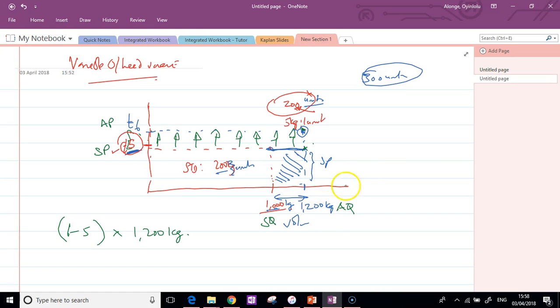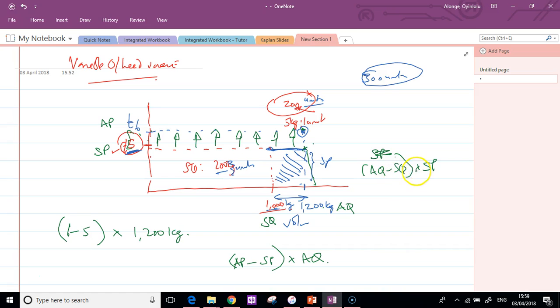You would say, well, it looks pretty straightforward: actual quantity minus standard quantity times standard price, because that's the standard price. And if someone said to you, what's the price variance? Well, you would say actual price minus standard price times actual quantity. And that's how we would look at this.